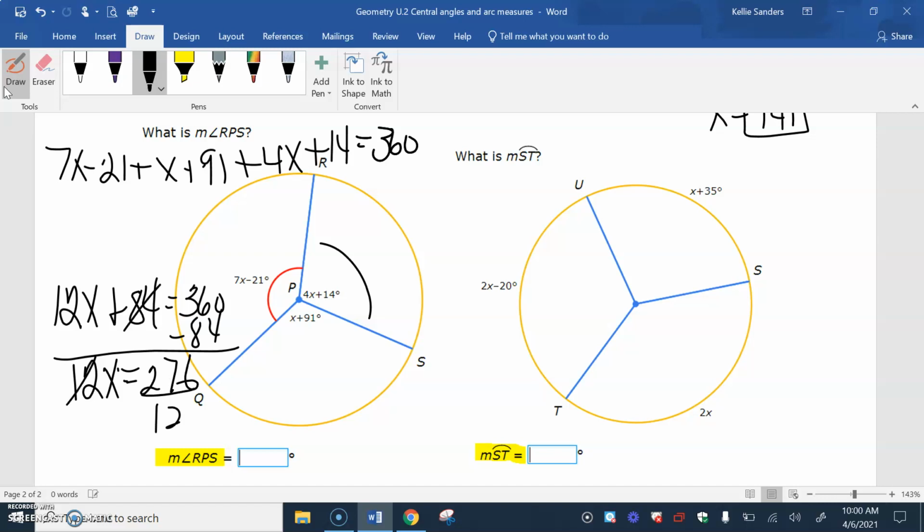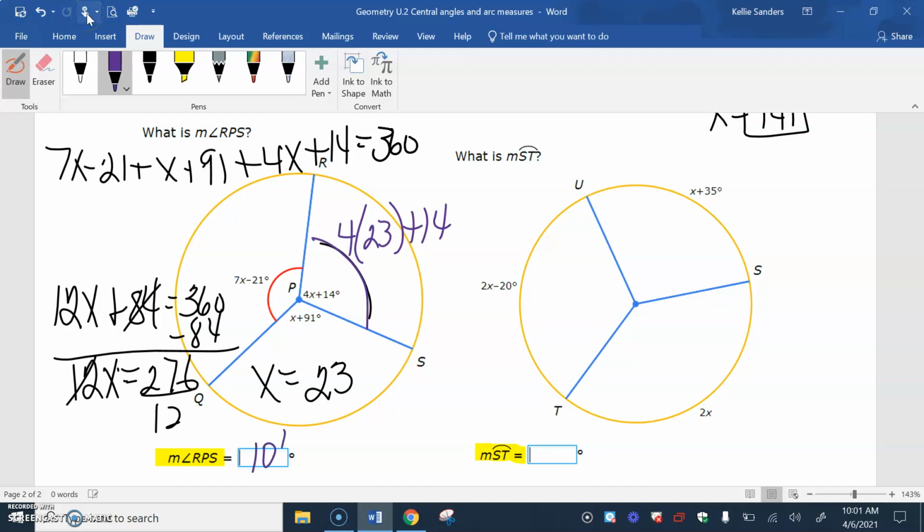Divide by 12. X is 23. 23 is not the answer because it doesn't ask what X is. But we need to define what X is to plug the 23 in for this angle right here. So 23 times 4 plus 14 is 106.